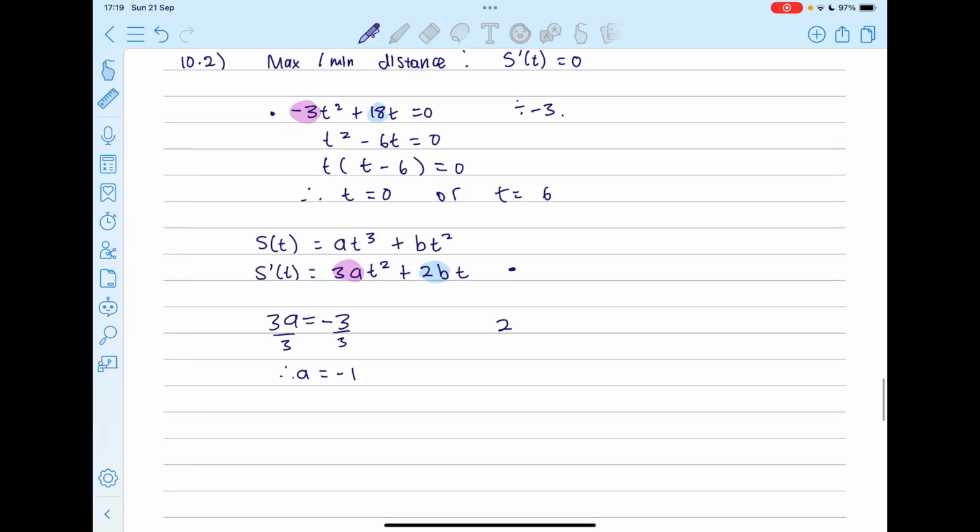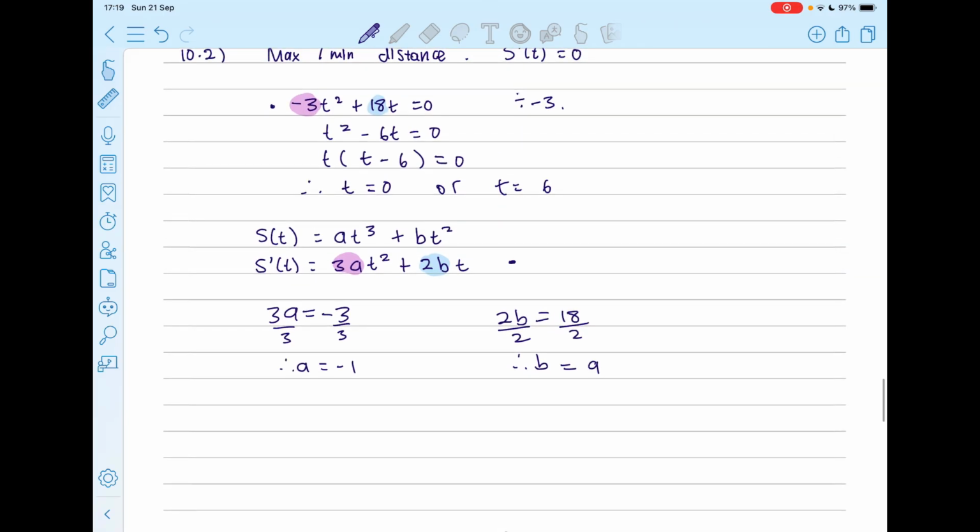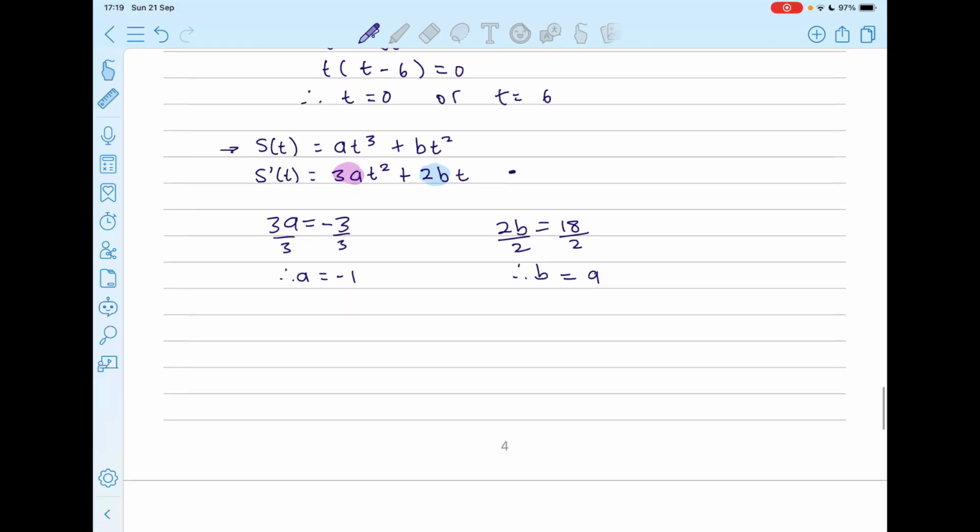Therefore, 2b will be equal to 18. Solving for b, therefore b is equal to 9. So now that we have our unknowns a and b, we can substitute them over here to get the actual equation for distance. So s of t will be equal to negative t cubed plus 9t squared.